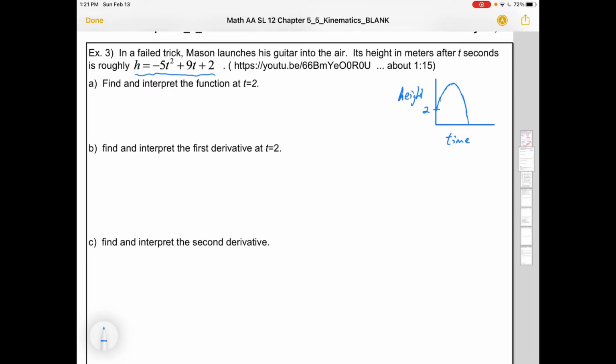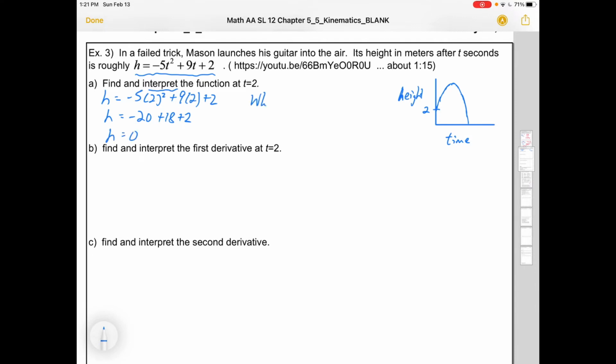Now, the first question that's asked here is to find and interpret the function at t equals 2. And this is really key, the interpret part. If we just get numbers, it's not that helpful. So let's put in 2 into this function. H is in meters, t is in seconds. So after 2 seconds, we get -5 times 2 squared, plus 9 times 2, plus 2, which would be -20, plus 18, plus 2, where the height is 0. Okay?